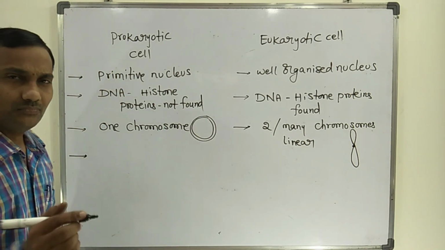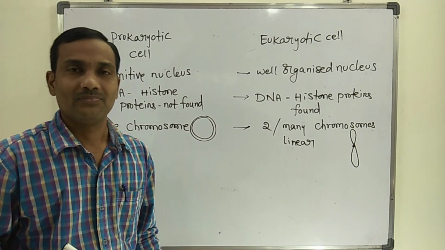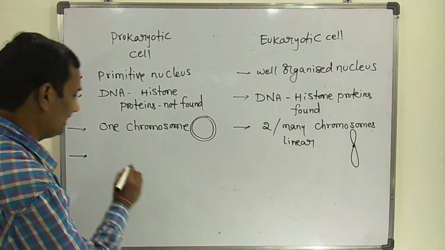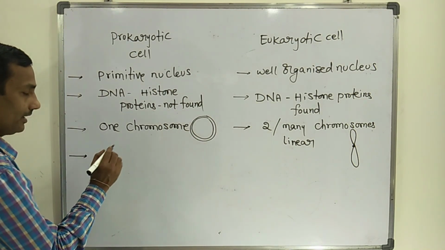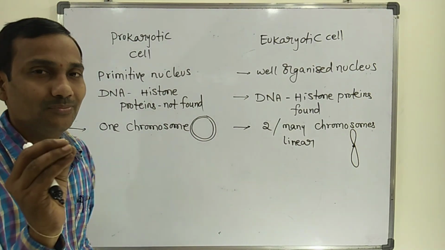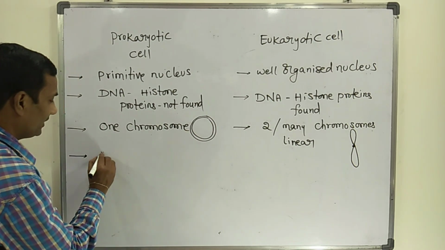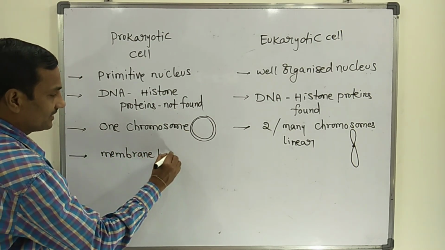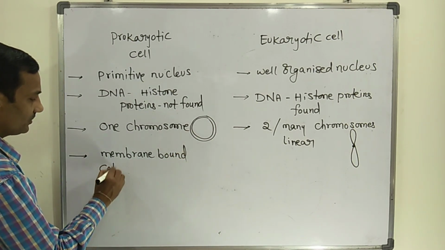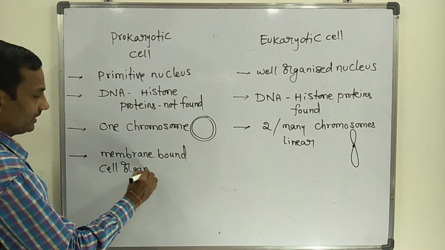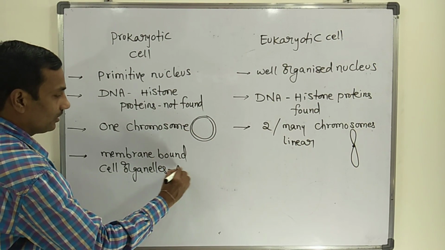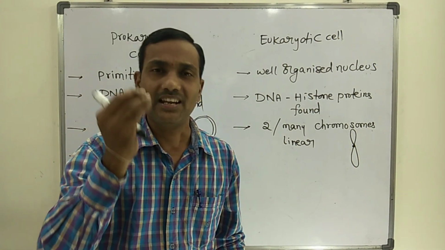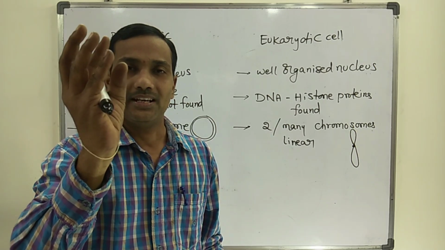Next, the prokaryotic cells do not consist of membrane bound cell organelles. So here I am talking about membrane bound cell organelles. They are completely absent in prokaryotic cells.